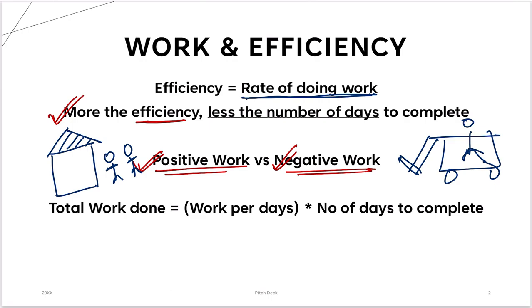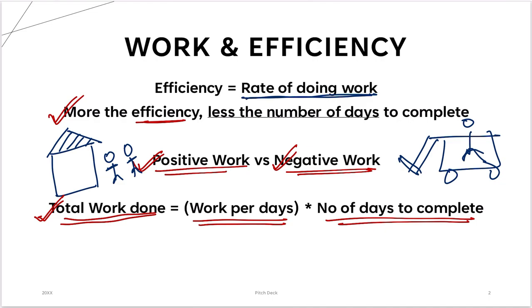Now, the third thing in this slide is you have to understand what total work done is. Total work done by a person is the amount of work he can do in one day into the number of days he needs to complete the work.